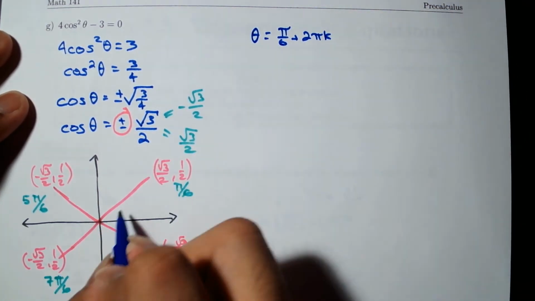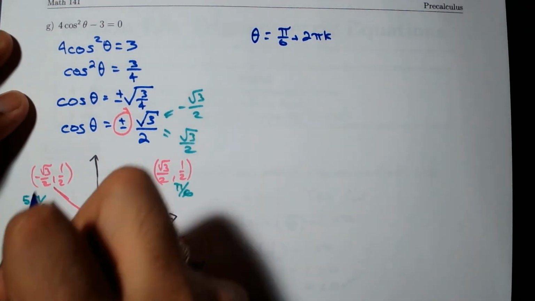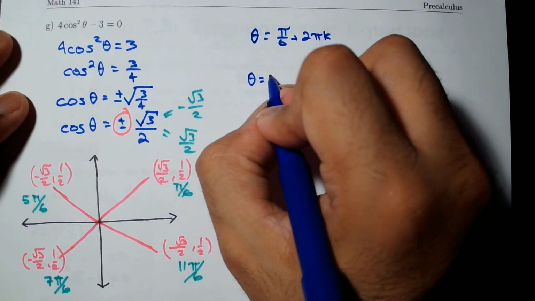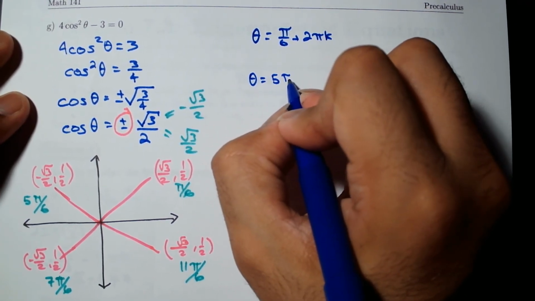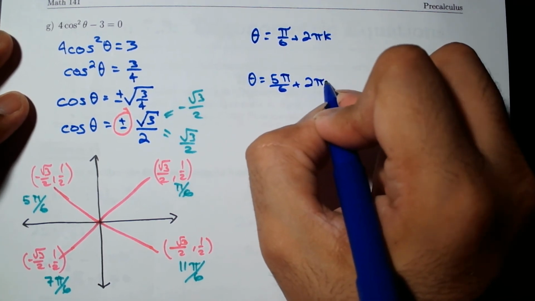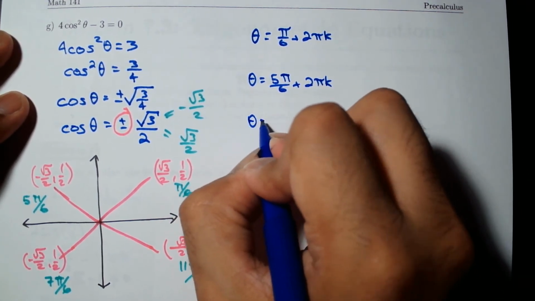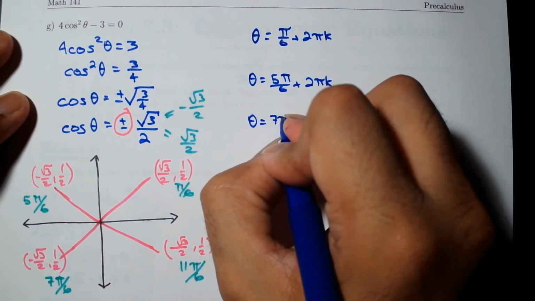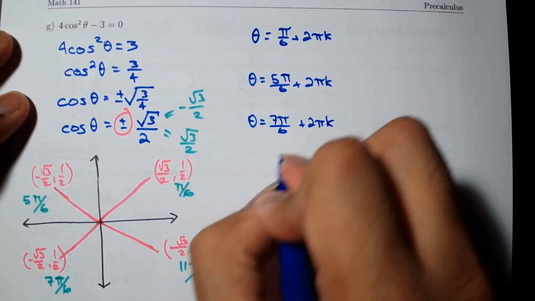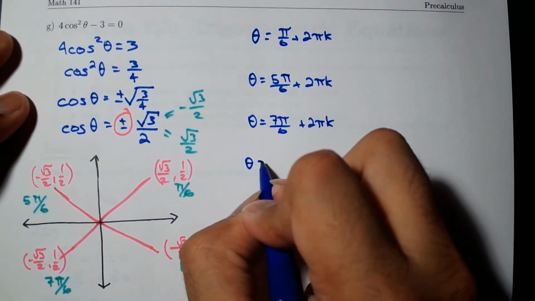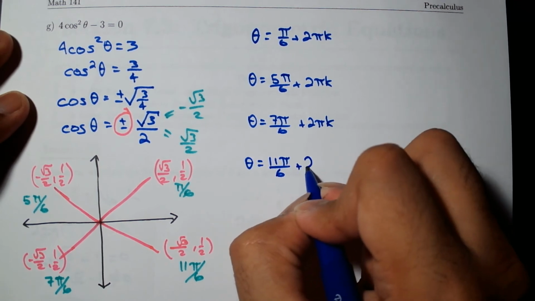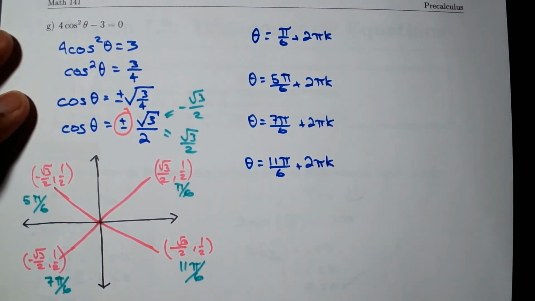Again, 2 pi k because these solutions are periodic every 2 pi units. Then 5 pi over 6 plus 2 pi k, 7 pi over 6 plus 2 pi k, and 11 pi over 6 plus 2 pi k.